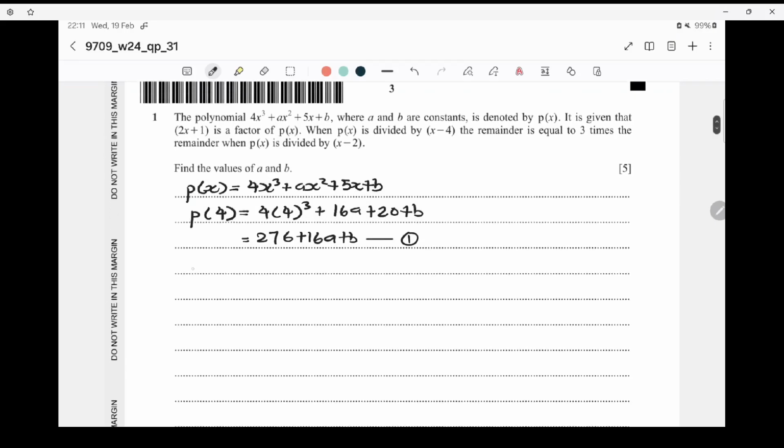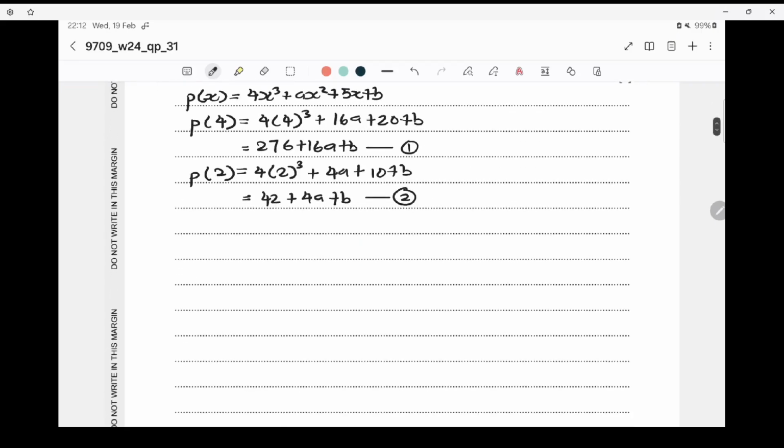The second equation is when you substitute x equals 2 inside. Similarly, you put 2 power 3 plus 4a plus 10 plus b. So this is 42 plus 4a plus b. This is the second equation.